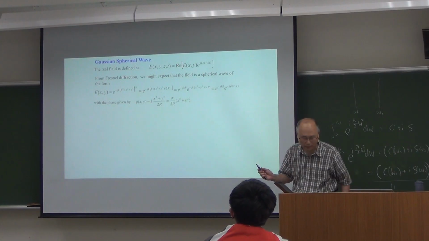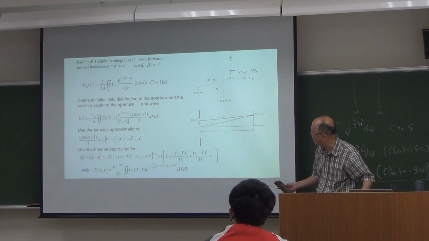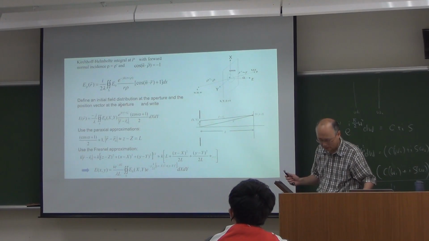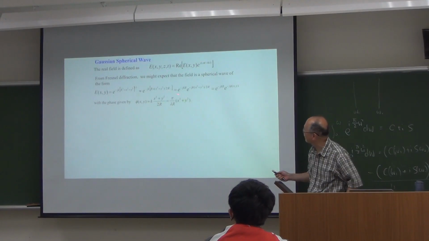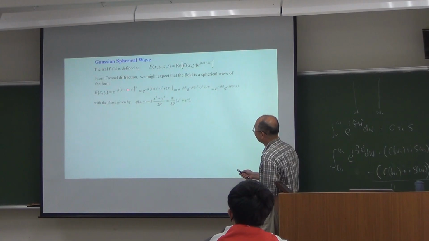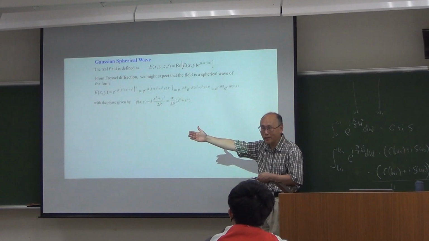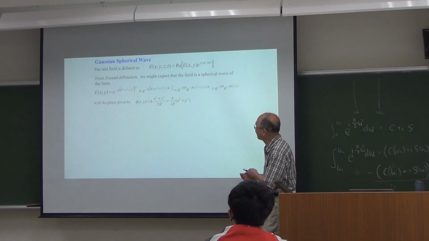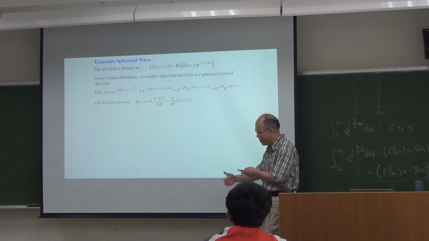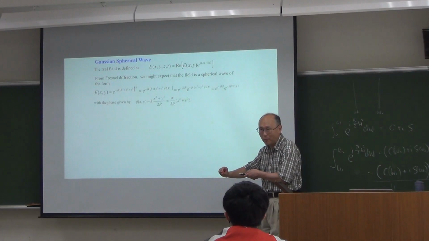This comes from the expansion of this. So you'll be expecting some projective phase like this. R is the far distance, much larger than the transverse dimension, which is about a millimeter or centimeter. But how big is R?